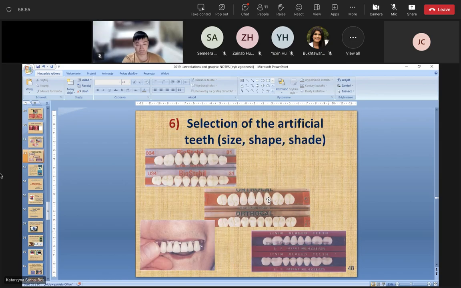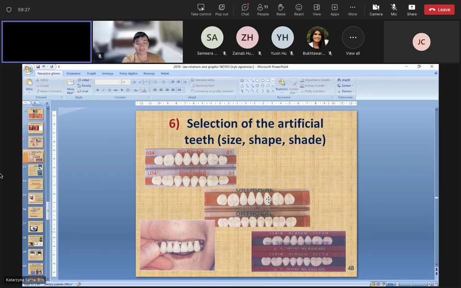And the last thing in this recording jaw relation stage, selection of the artificial teeth. We need to choose the proper size, proper shape and shade in the last stage of recording jaw relation. In 3 weeks, there will be the lecture about the proper selection of the artificial teeth. Then I will explain to you how we can choose the proper size and the proper shape of the teeth.